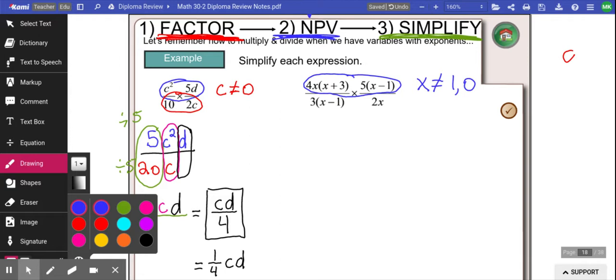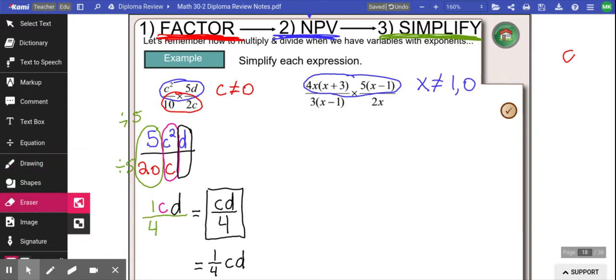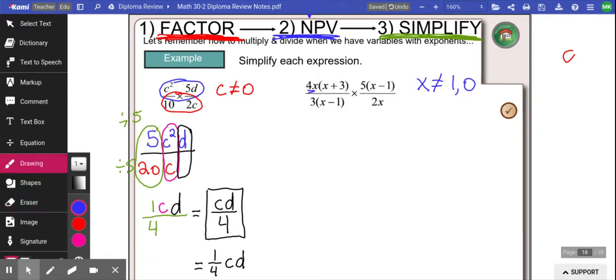So when I'm multiplying this together, I will do 4x times 5 to become 20x. But I do not expand my binomials. I would leave x plus 3 as x plus 3, and I would leave x minus 1 as x minus 1. I only multiply the monomials together.